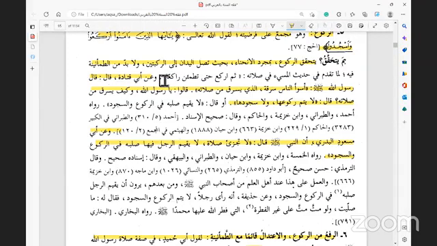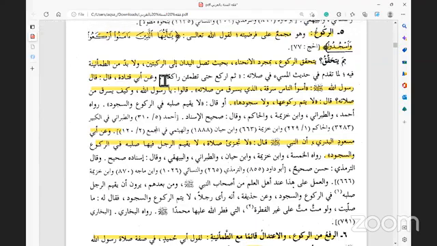But here's one thing. When you do ruku', you have to make a ruku' where you're able to say, Subhanallah. And you feel something called tama'nina. What does that mean? Think of this. When your bones are moving, if you're bending down, you feel that your bones are still in the process of moving, making sounds.